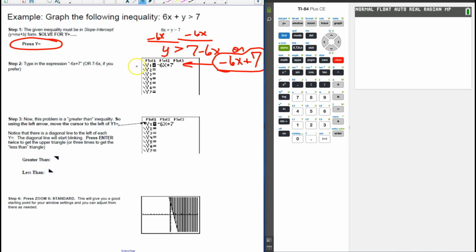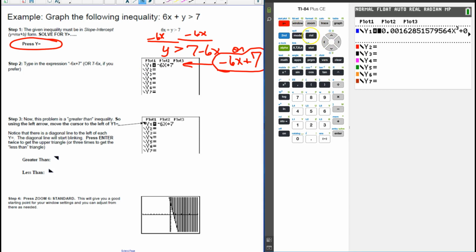But if you press your left arrow, okay, I'll do it over here on the calculator. Okay, let's clear. Alright, so I've got my negative 6x plus 7. But I don't want it to do equal, so I'm just going to slide my left arrow.